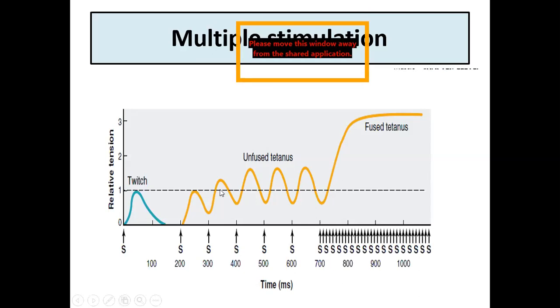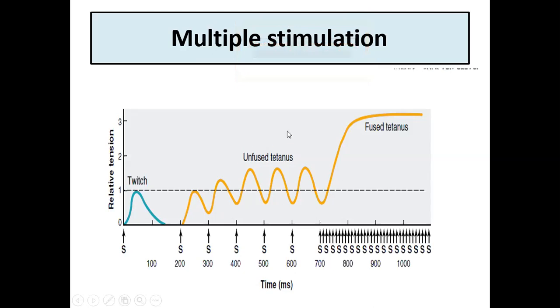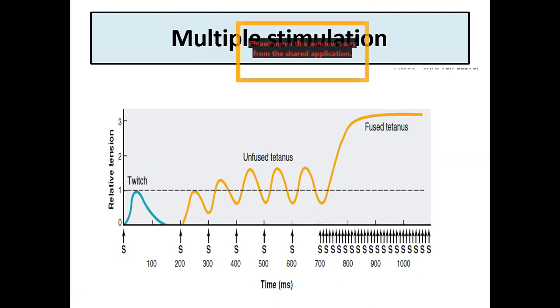It looks like a step increase in the force of contraction, like a staircase. So we call it the staircase phenomenon. We call it unfused tetanus. We also call it treppe. This occurs when there is a subsequent increase in the force of contraction when the subsequent stimuli fall during the relaxation period.